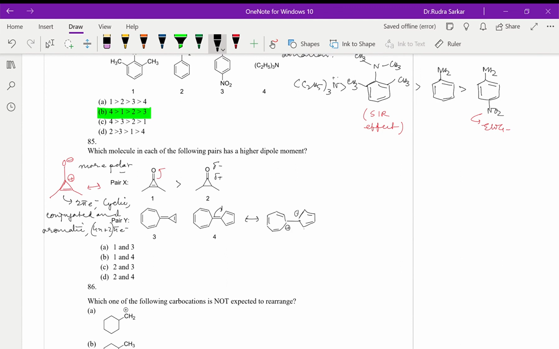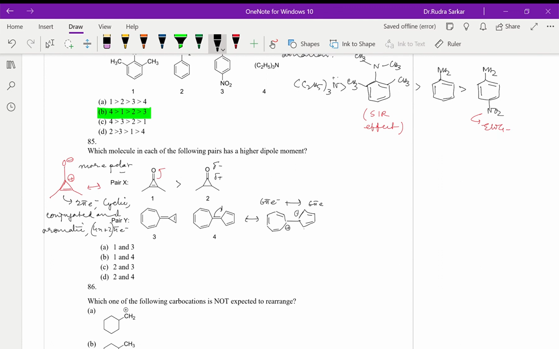So because of this type of charge separation, this unit over here is aromatic and that also is aromatic, okay. So if we consider that way, this is a 6 pi electron system, this is also a 6 pi electron system, and the dipole moment will be lying in this direction.